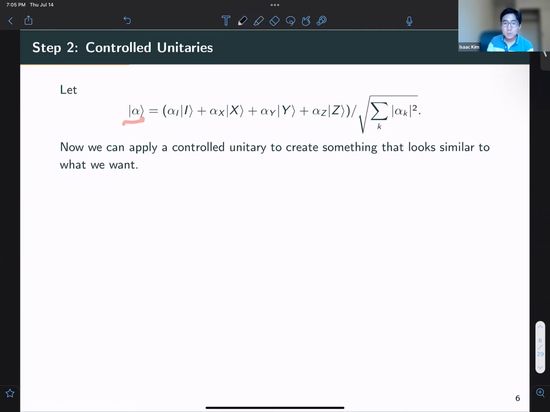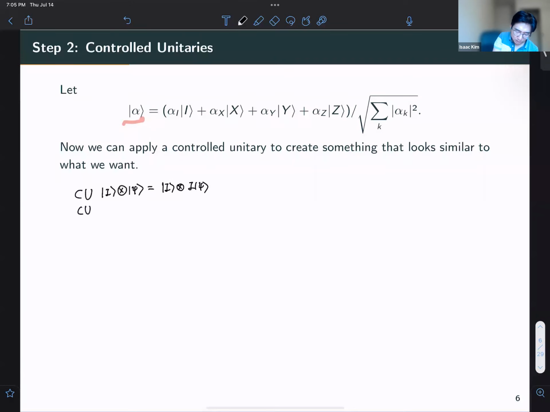What I'm going to do is the following. I'm going to apply the following unitary transformation called controlled U. This controlled U acts in the following way. If the state on the first ket is I, it does nothing, or equivalently, it applies an identity operation.